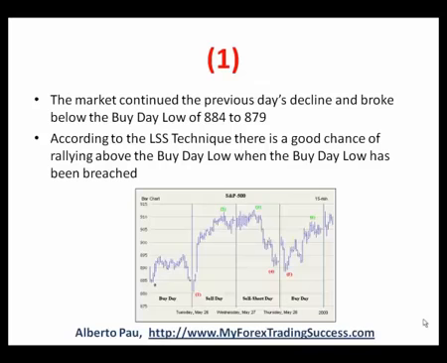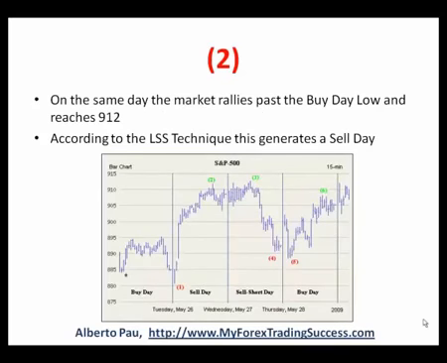Okay, we go long. Point 2 here, we see that on the same day, the market rallies past the buy day low, which is what the book method would be telling us. Effectively what you would do here is, if you got in long at point 1, so once we breached the buy day low, you could set your target profit just above the buy day low level.